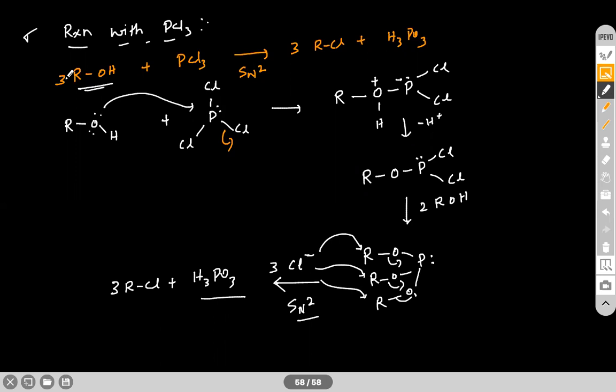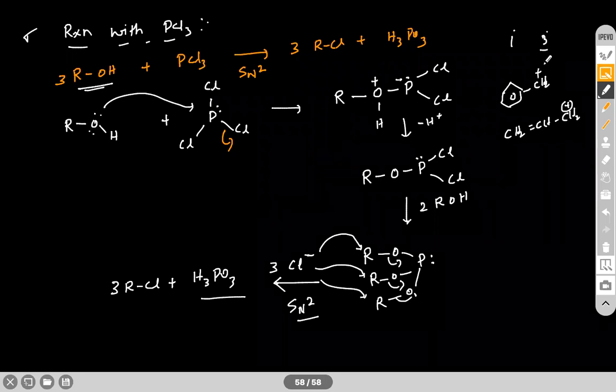I'll tell you one thing. 1 degree, 2 degree, better you don't keep in mind. You just keep one thing in mind. If there is any possibility of getting a stable carbocation, for example a benzyl carbocation, then it is SN1. Allyl carbocation, then also it is SN1, right?